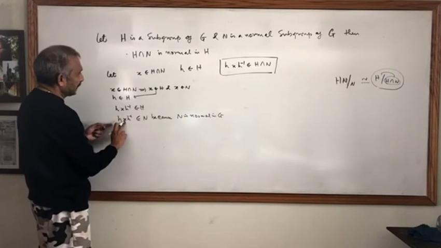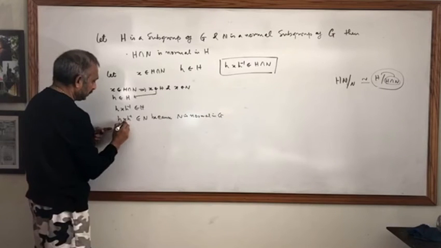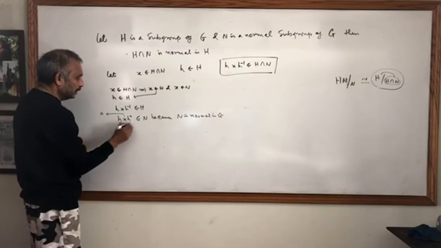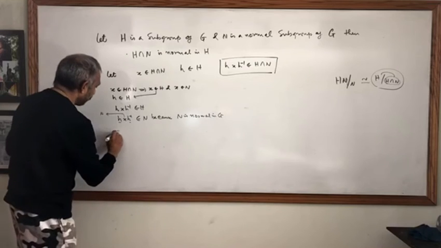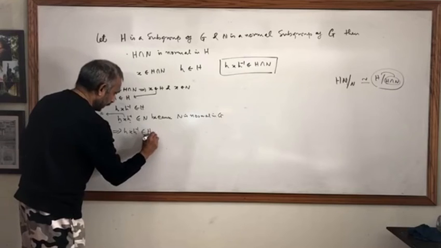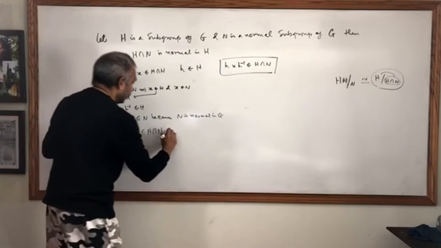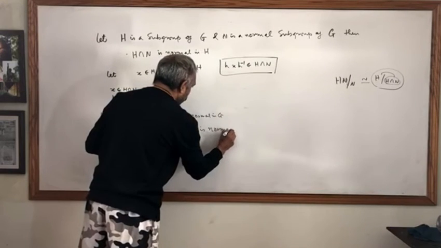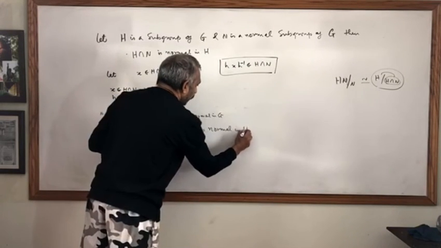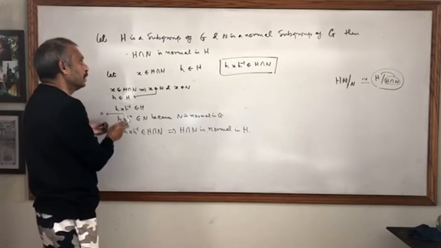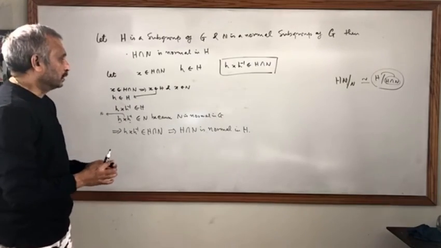This x is actually in H and N, so this is an element in N. This h is an element in G. So because N is normal, this belongs to N. So that implies h inverse x h belongs to H and N. And that implies H intersection N is normal in H. It's a very simple problem and we already assumed it, but these are the steps to prove that it is normal.